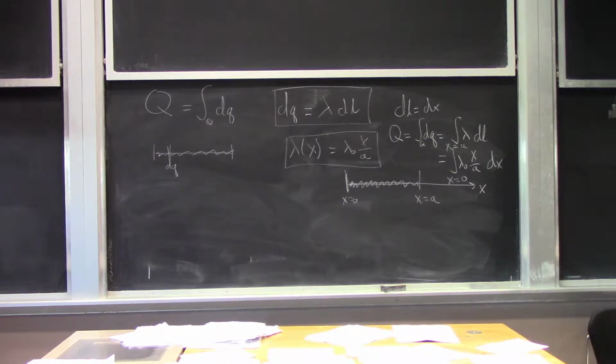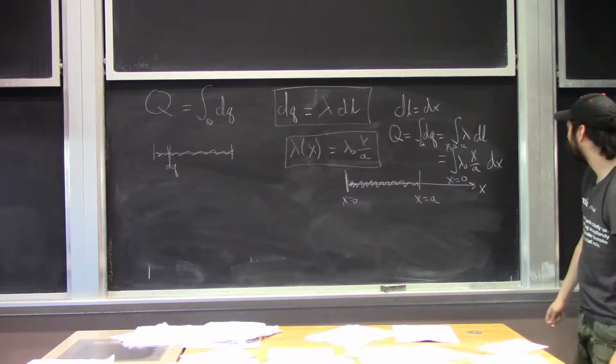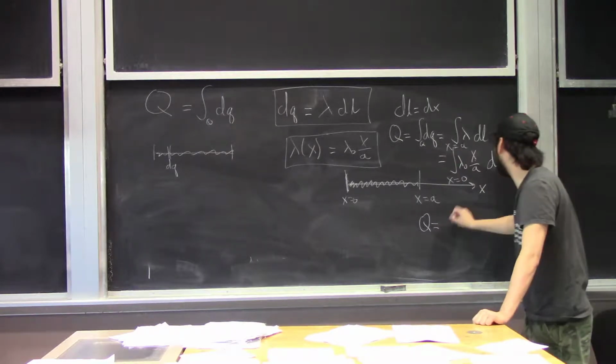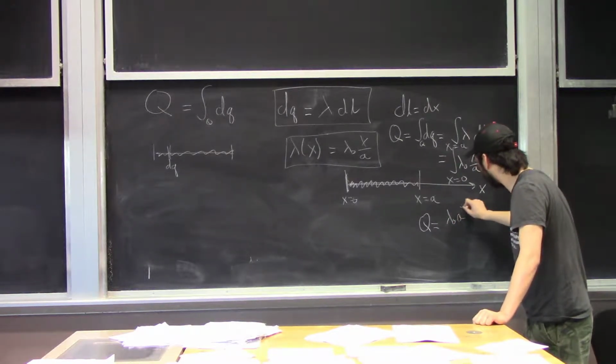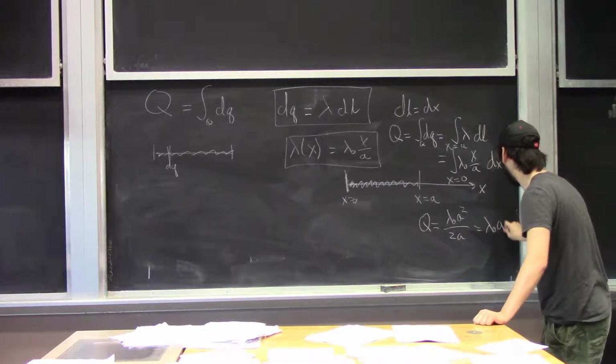And we all know how to integrate just some straight line. That's what this is. This is y is equal to x essentially. And so what that tells us in the end is that q is going to be equal to lambda 0 a squared over 2a, which is equal to lambda 0 times a over 2. Okay?